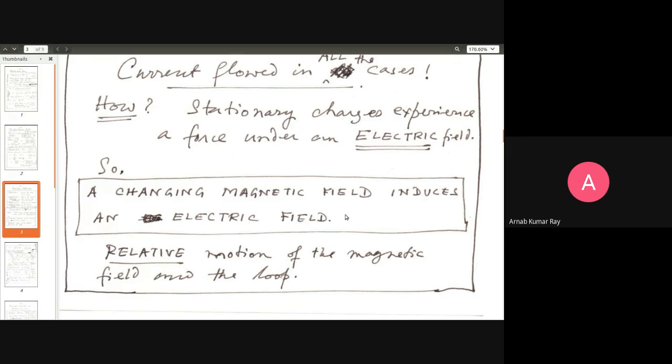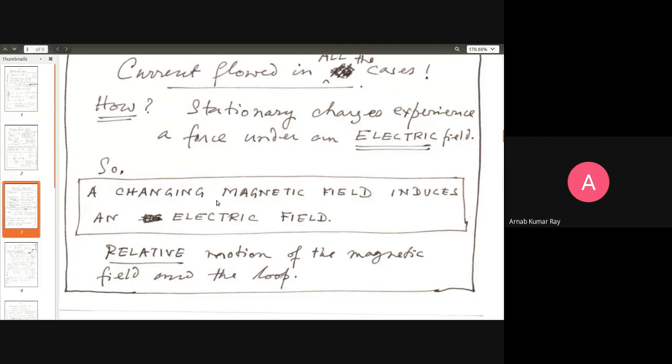Earlier, I used to mention two words, electrostatics and magnetostatics. But now we shall no longer call it statics. We shall start talking about dynamics, because you notice this word, a changing magnetic field. The magnetic field is not static, it is changing.